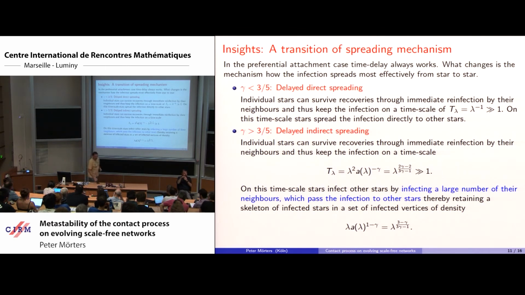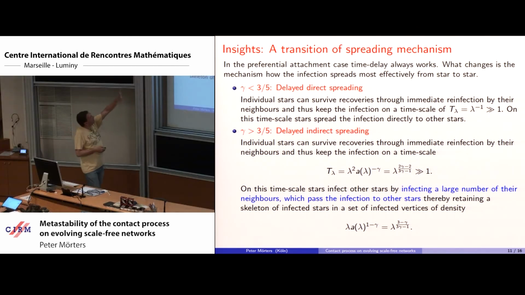And that's a better way if gamma is bigger than 3/5, and because there is this different strategy, this will manifest itself with a different exponent here. Okay, so again, two different strategies, but there is a difference in the nature of this change.